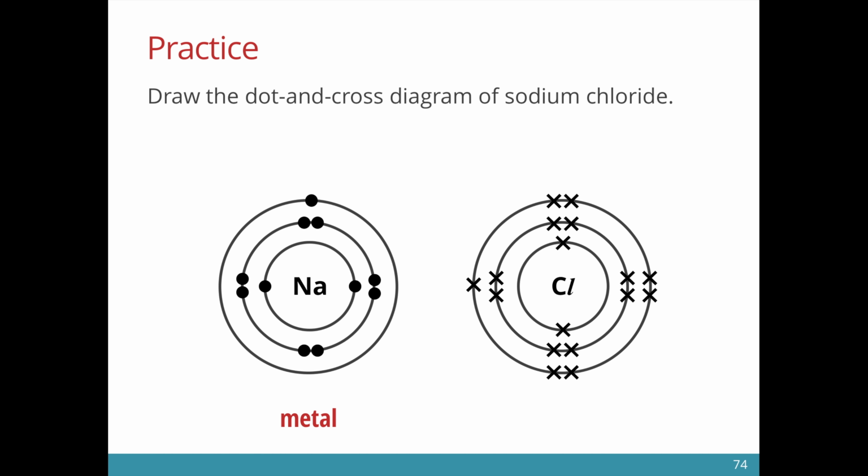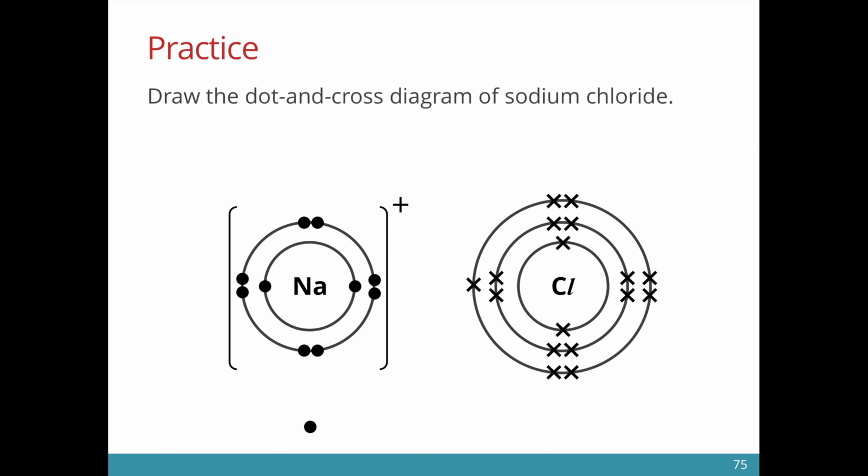Sodium is a metal. Chlorine is a non-metal. Metals and non-metals tend to form ionic compounds. So sodium can lose its valence electron to form a sodium ion, while on the other hand, chlorine will want to gain an electron to form the chloride ion.